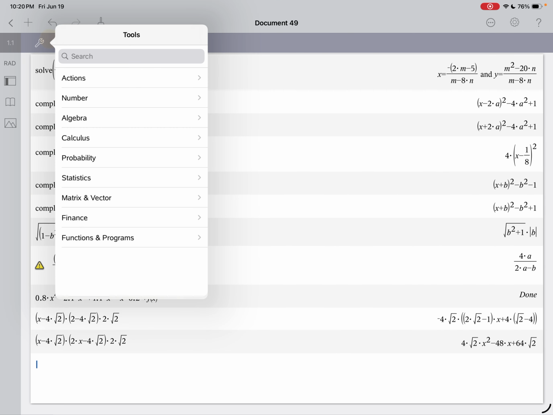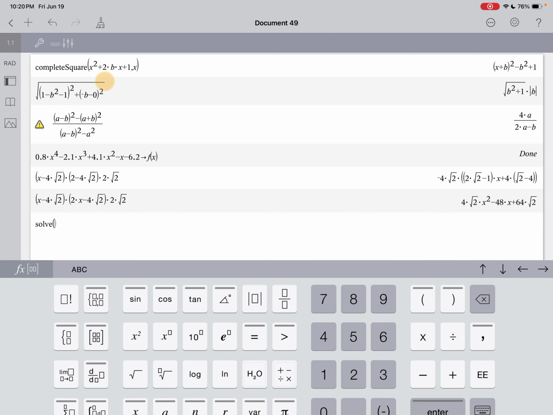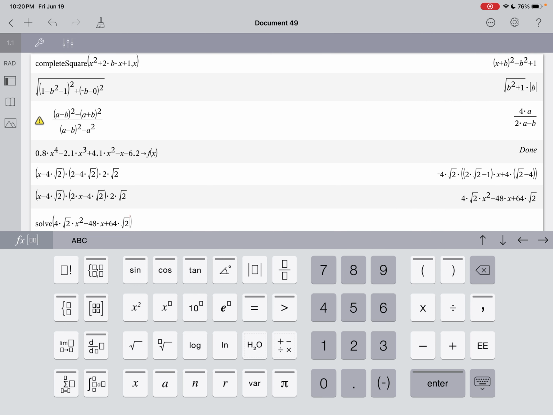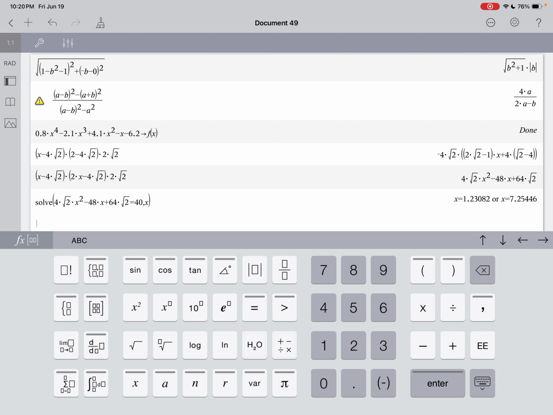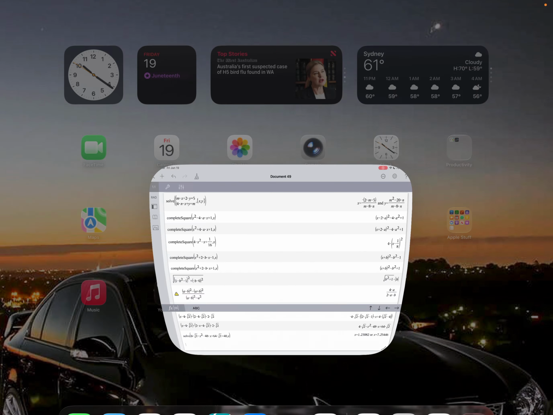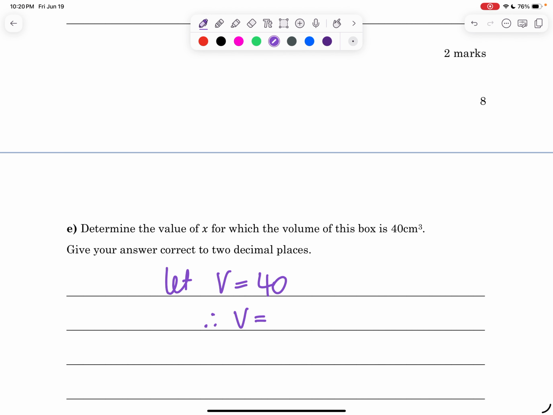We want to solve for x when that formula equals 40, and because it's a decimal answer, we push Control Enter. So 1.23 or 7.25. X equals 1.23 or 7.25.